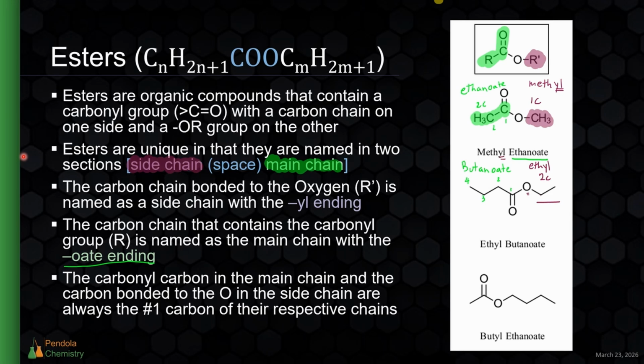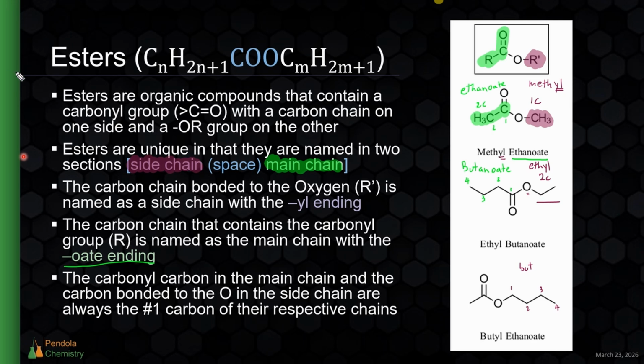Let's do one more. If we look at this one, again, the side chain does not necessarily need to be the smallest. So if we look at the O chain here, we have 1, 2, 3, 4. So our quote-unquote side chain here has 4 carbons. So we're going to use a but root, single bonded, so butan. Oh, sorry, butyl, not butan.